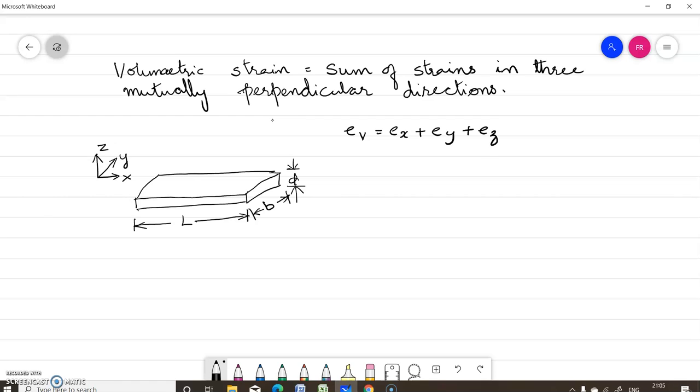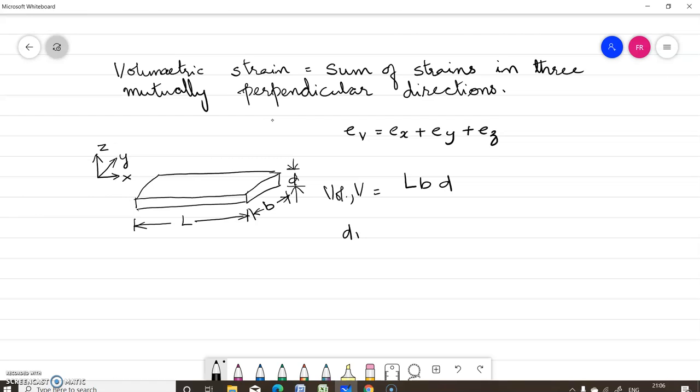For example, you consider a bar of length L, breadth B and depth D as shown in the figure. Now what is the volume of this bar? Volume, you can write V is equal to L into B into D. Now we can see that volume is a function of length, breadth and depth.